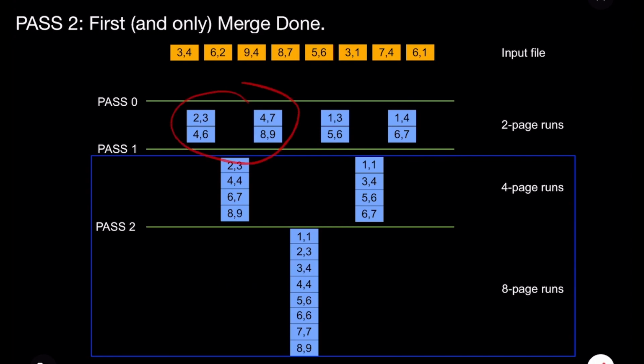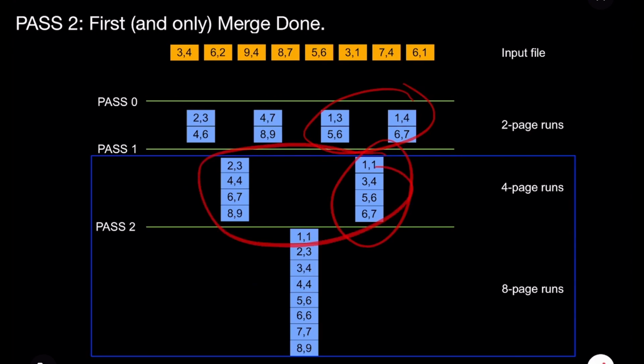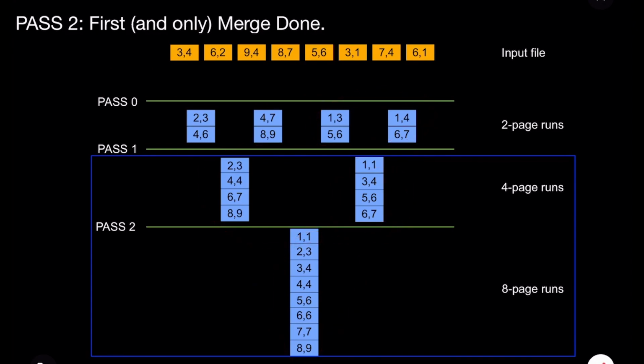They are merged into this one. On the next iteration of the loop, the heap will pick the 2 smallest runs. These 2 will be merged into that one. Next iteration, the 2 smallest will be merged into that one. Now that creates a level-wise merge tree. You don't have to do it like that, but that's one way of doing that.